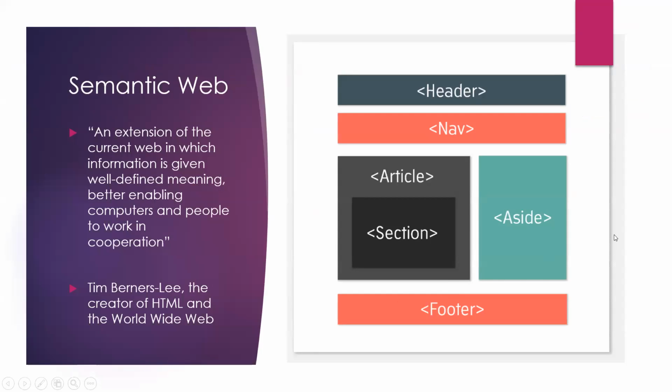So what and how does semantic web look like? The father of HTML, or the father of the World Wide Web, his name is Tim Berners-Lee. He said why he decided to build semantic web is that this is an extension of the current web, in which information is given a well-defined meaning, better enabling computers and people to work in cooperation.